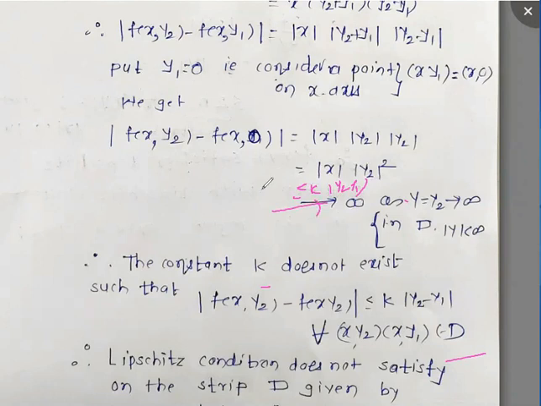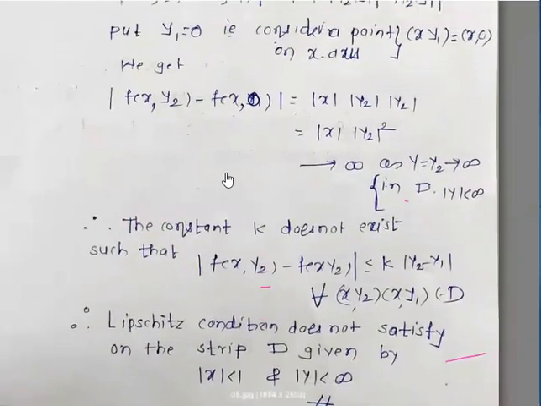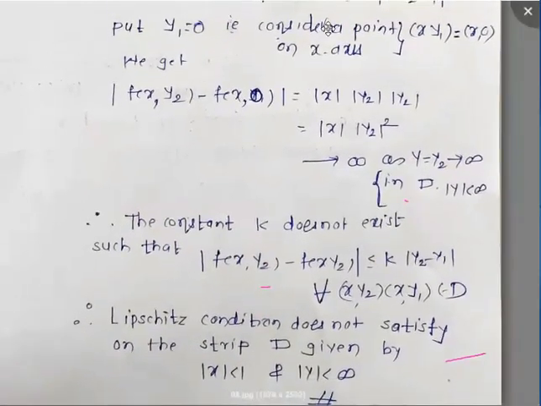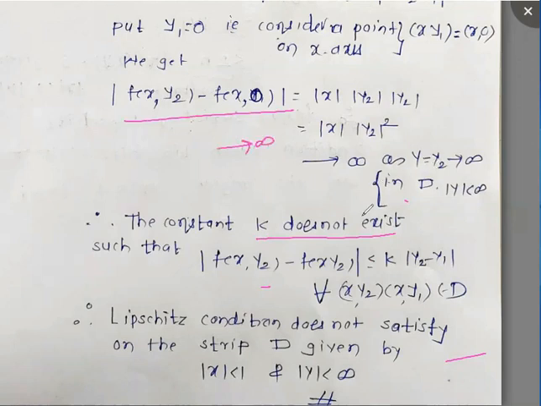It tends to infinity when y tends to infinity in this case. So the constant k does not exist because this difference tends to infinity as y2 tends to infinity. So k does not exist such that this difference is less than k into mod of y2 minus y1 for all x comma y2, x comma y1 belonging to the region D.